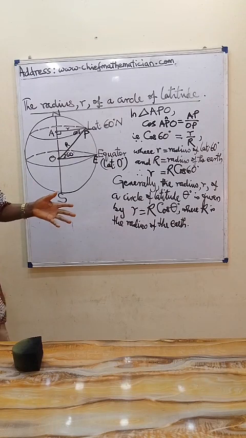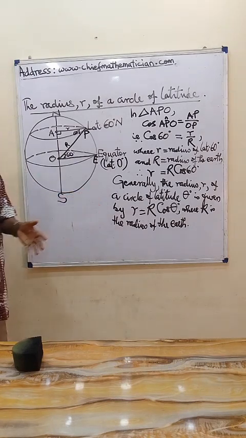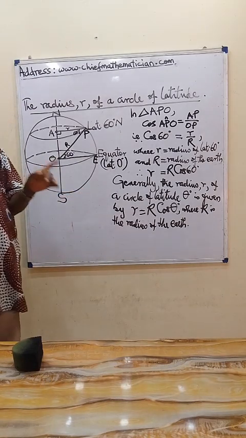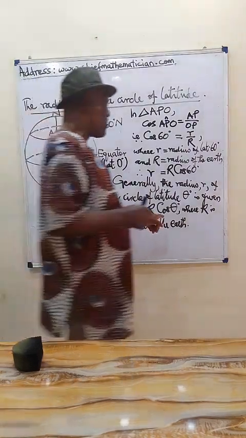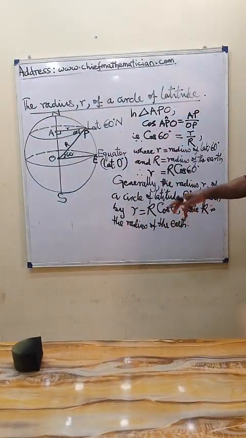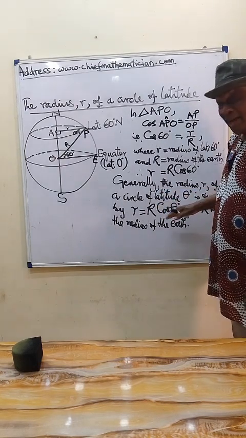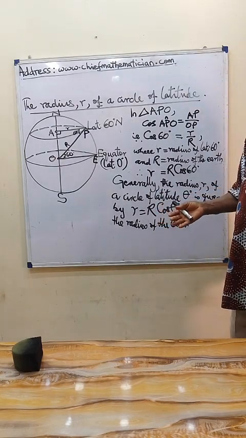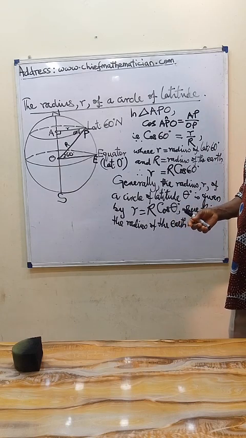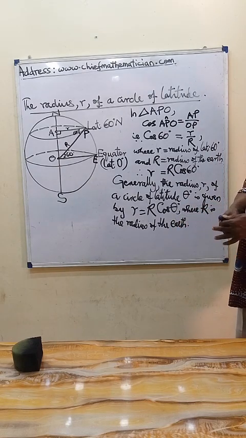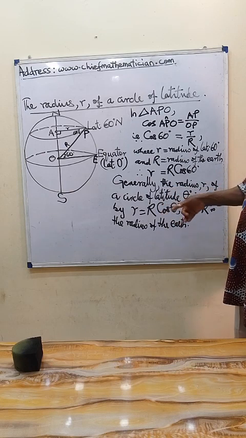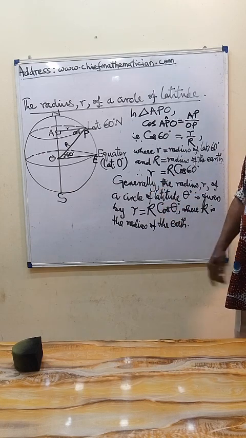And so in any problem on longitude and latitude, if you are looking for the radius of a circle of latitude, it is simply given by the product of the radius of the earth and the cosine of that latitude. That is what we have discovered now. So if you are solving any problem where you need to calculate the radius of a circle of latitude, all you need to do is to multiply the cosine of that latitude by the radius of the earth.